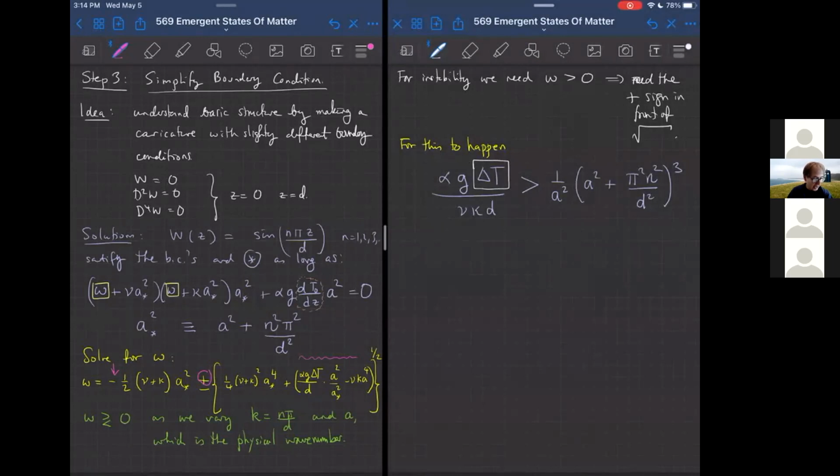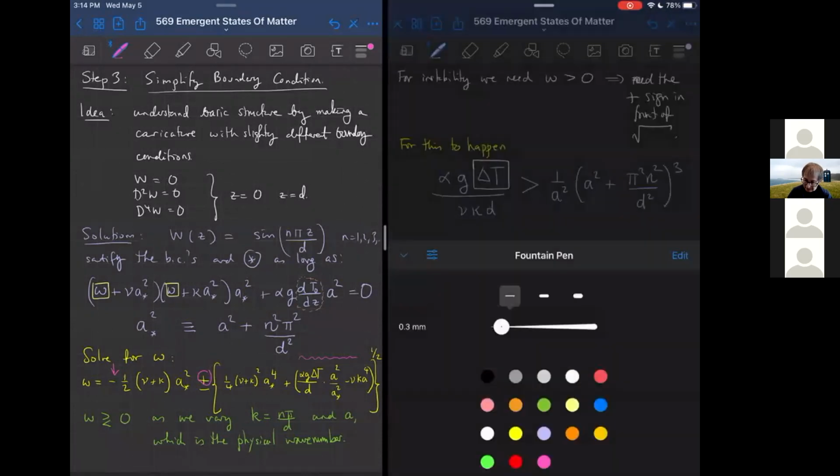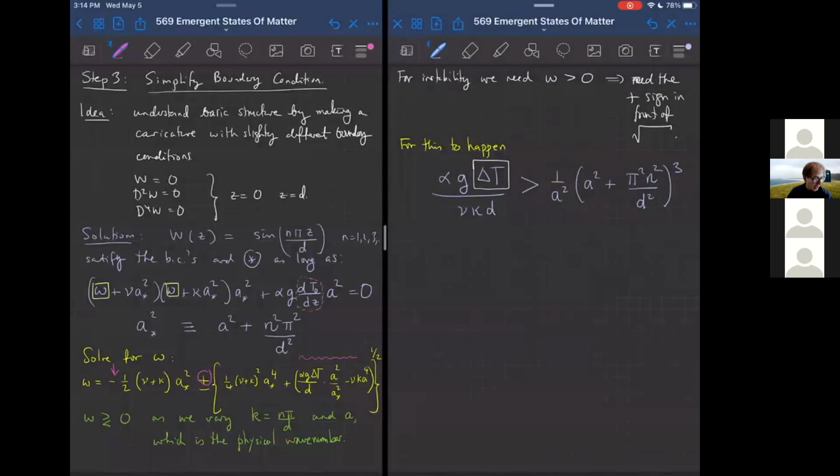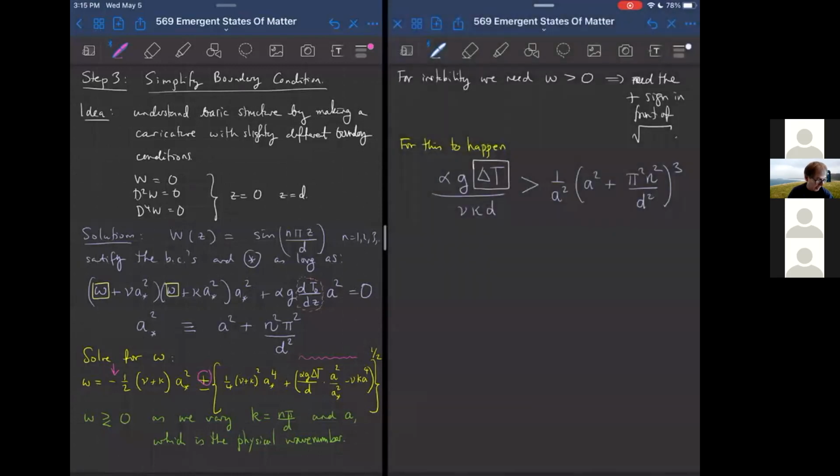So let's now ask, if this is going to happen, what is the smallest value for this to happen? I need to ask what is the smallest value of the right-hand side. I'll come back to your question in a minute, whoever asked the question. Let me finish what I'm trying to say here.